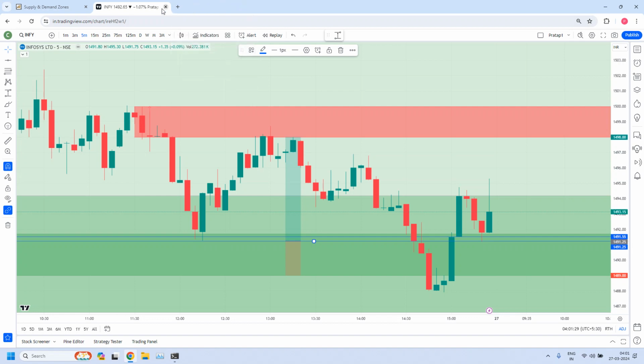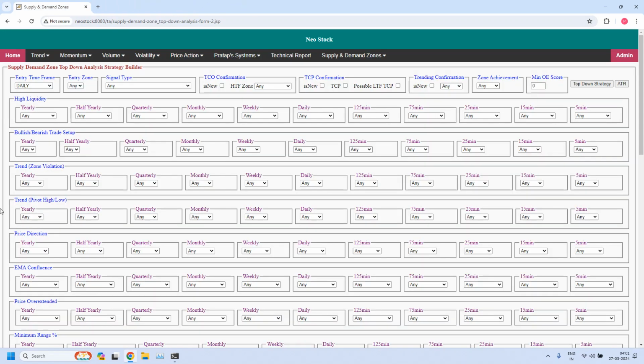Now let's get into the report generation for daily income trade and hourly income trade with the help of NeoStock software. So first let us generate the bullish trade setup for daily income trade. Daily income trade entry time frame is 15 minutes. Your entry zone should be a demand zone.